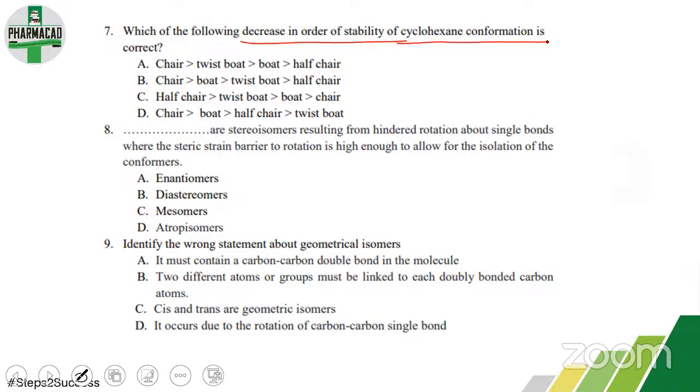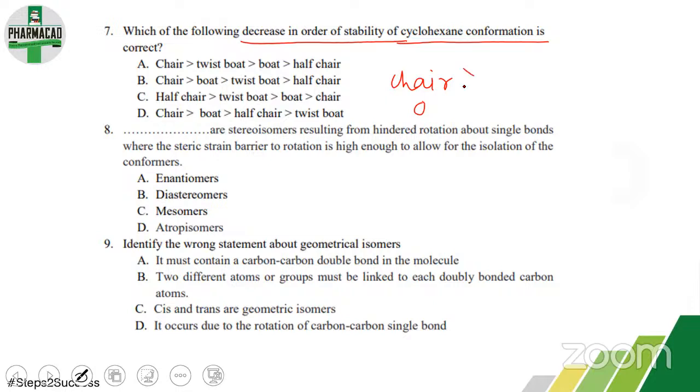The chair conformation has the highest stability because all angles are 109 degree 28 minutes. So if we have to compare between these conformations, the highest stability conformation is the chair conformation. So the first is chair, which has 0 energy.